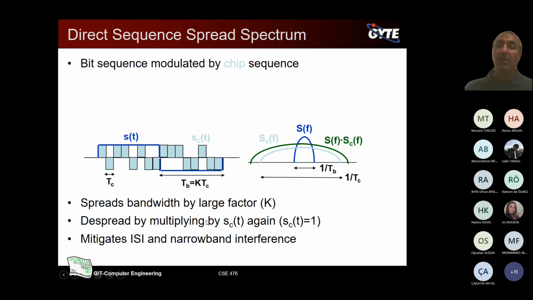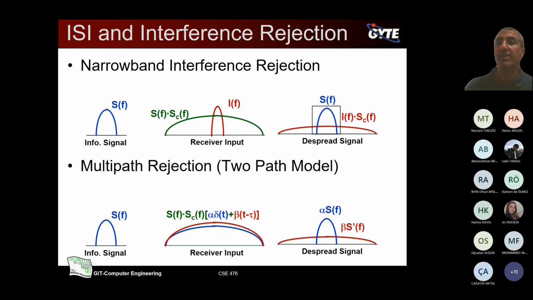This is also popular because it mitigates inter-symbol interference, and also any kind of jamming or interference. If someone is jamming or attacking your signal, this is a very powerful technology to mitigate these effects. How do this ISI and interference rejection happen?